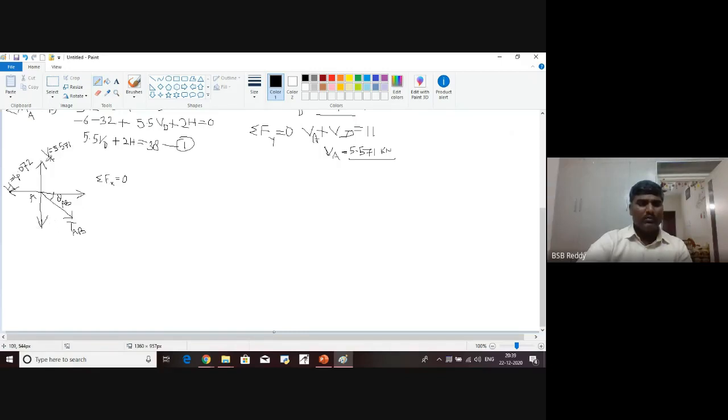You will be using this one when you write sigma Fy equals 0. Sigma Fx equals 0 gives TAB cos theta AB is equal to 4.072, or TAB cos theta AB minus 4.072 is equal to 0 will also give you the same.